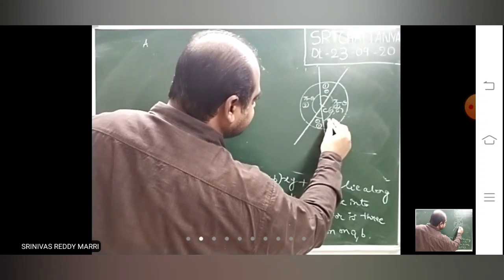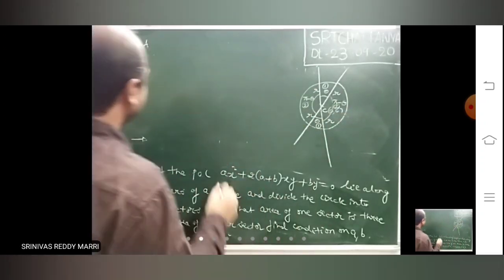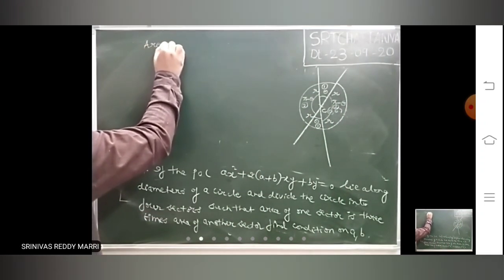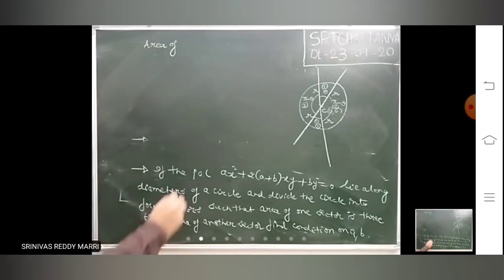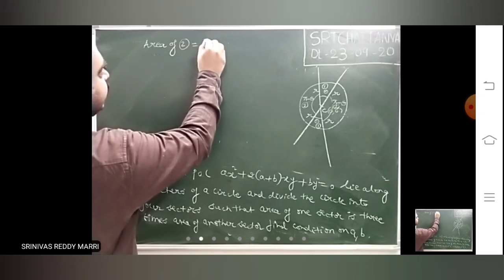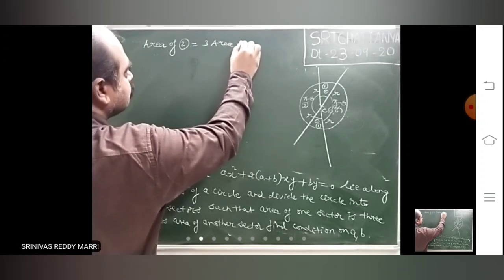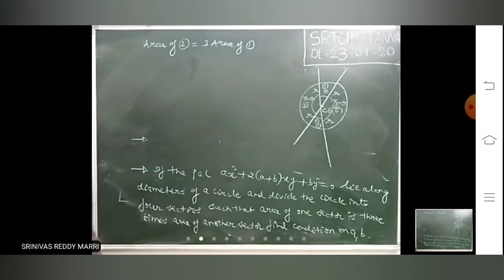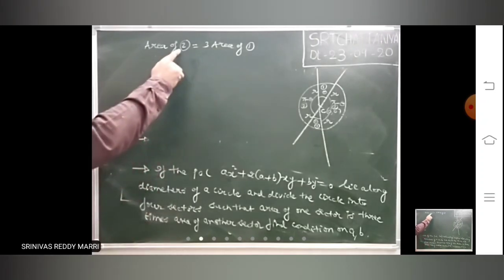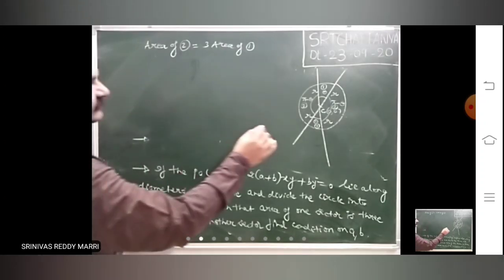So area, let us say radius of the circle is R. So area of 2 equal to 3 times area of 1, given that one sector area equal to 3 times area of another sector. So what is the area of sector?